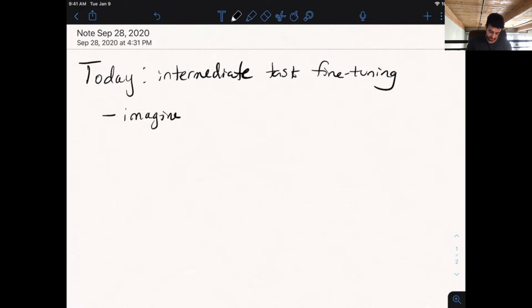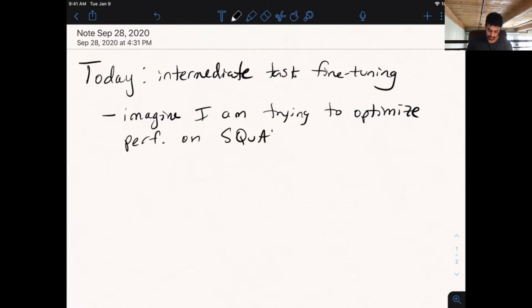Imagine I am trying to optimize performance on Squad. So remember that Squad is the QA dataset that we talked at length about last time.